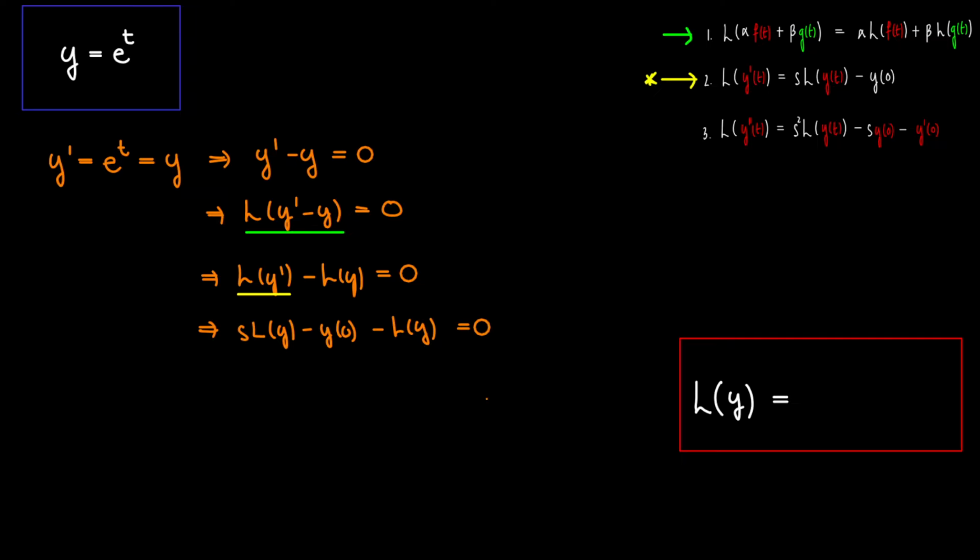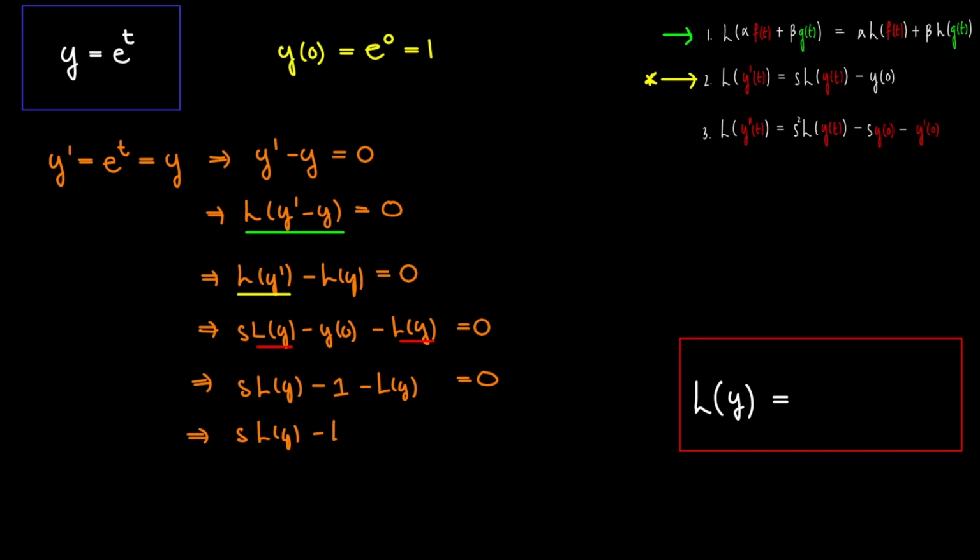Our job is to simply solve for L of y in this equation, because it's just an algebraic equation in L and s. y of 0 is just equal to e to the 0, which is 1. And so this ends up being s times L of y minus 1 minus L of y is equal to 0.